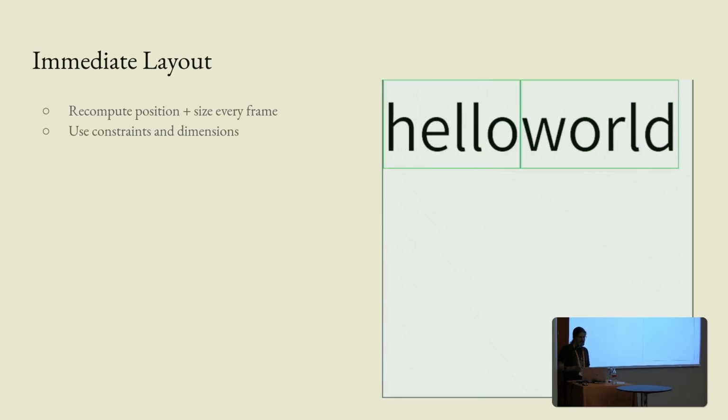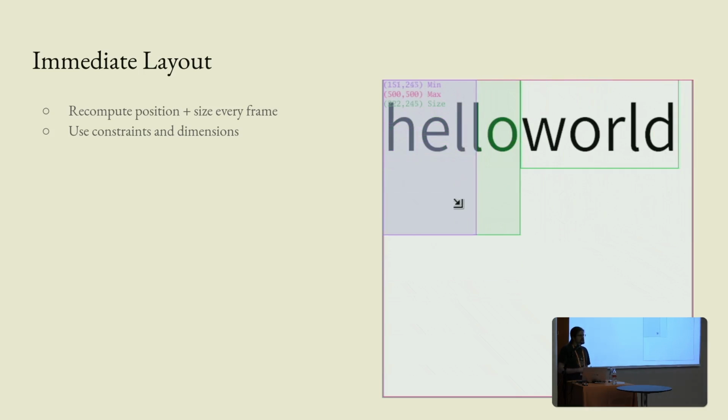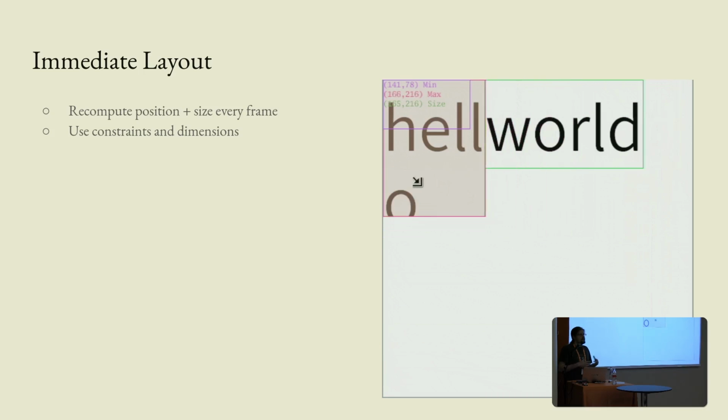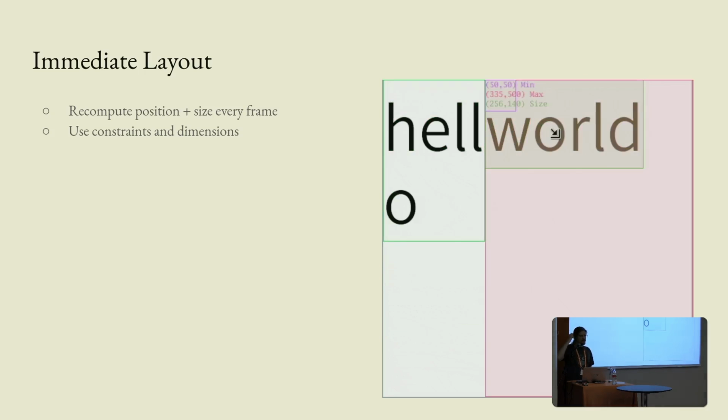This thing on the right is a visualization of me messing with the constraints for two different text widgets. And text is kind of why the system has to exist this way, because text varies in size a lot more than, say, a button or an icon. Text has to line wrap at whatever your maximum size is.